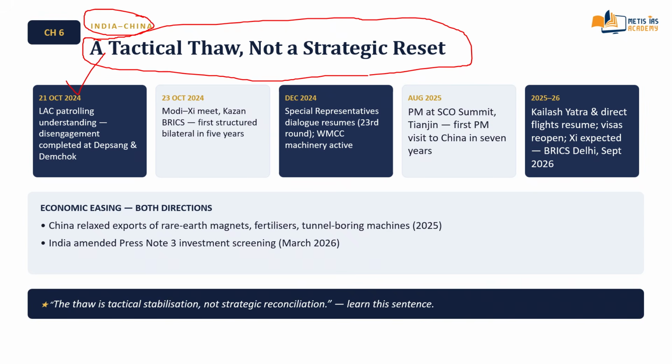Learn that sentence: tactical thaw, not a strategic reset. It is the single most examinable idea on this relationship. The sequence matters here. In October 2024, the two sides reached an understanding on patrolling arrangements along the LAC, line of actual control, covering the remaining friction points.